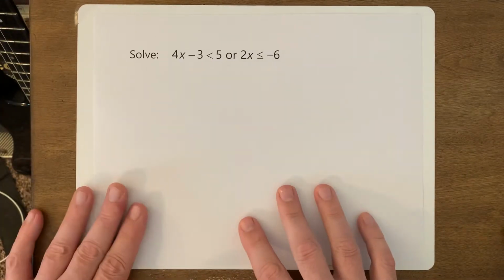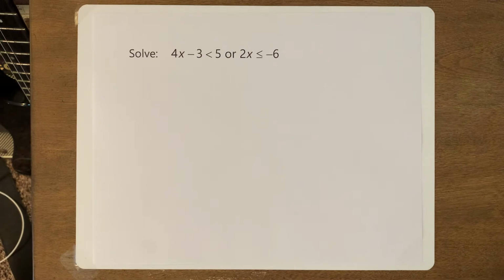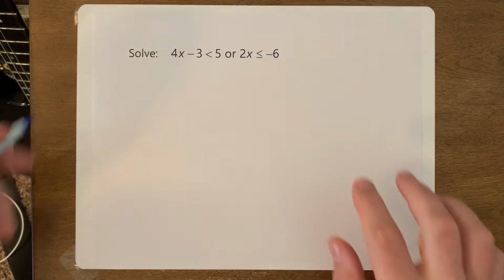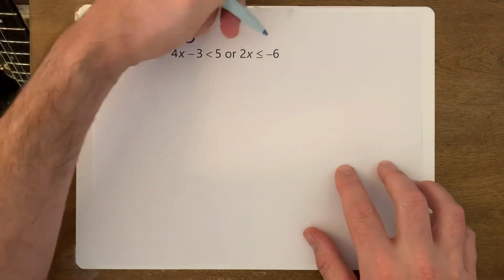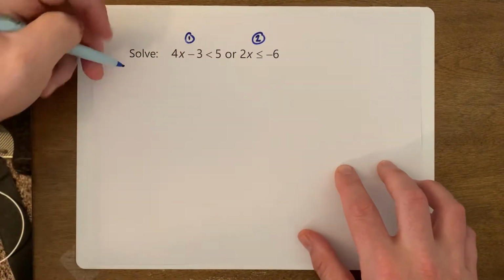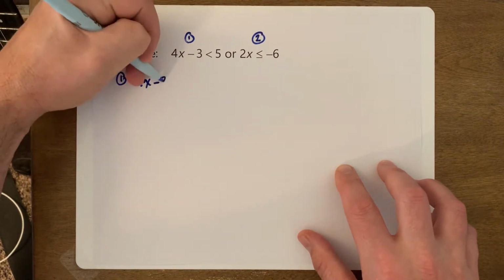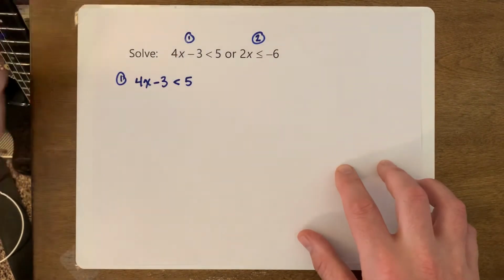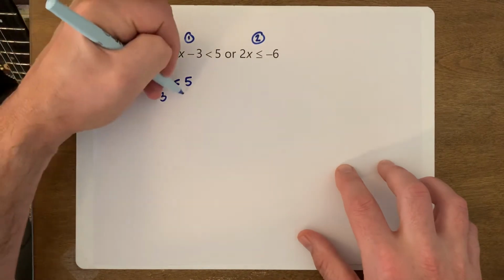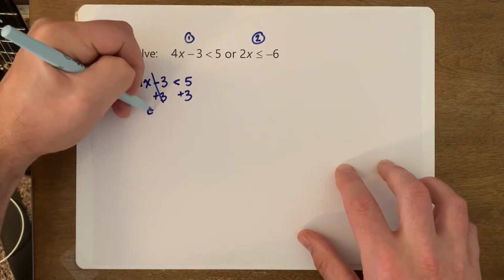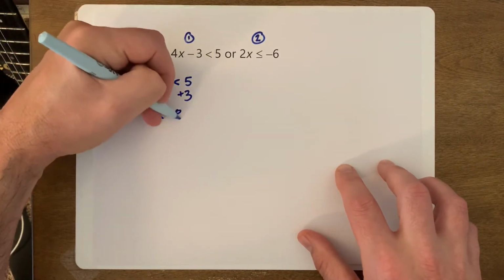Okay, here's another one. This one says or for this one. So let's see how this is going to work. We've got number 1 there. We've got number 2 there. So number 1, 4x minus 3 less than 5. Okay, let's add 3. 4x less than 8.